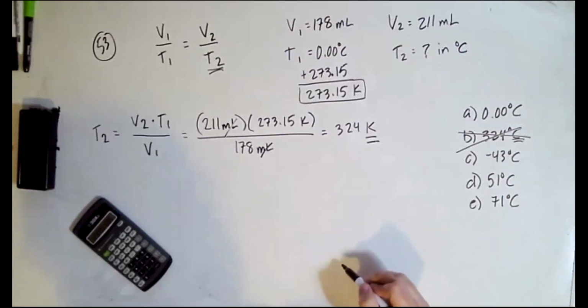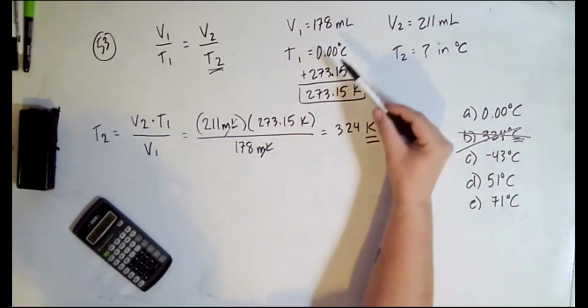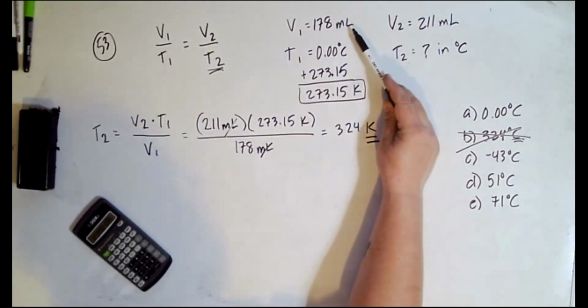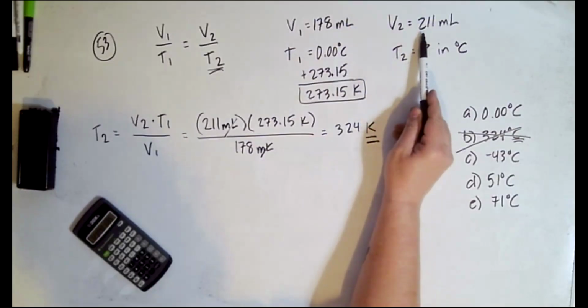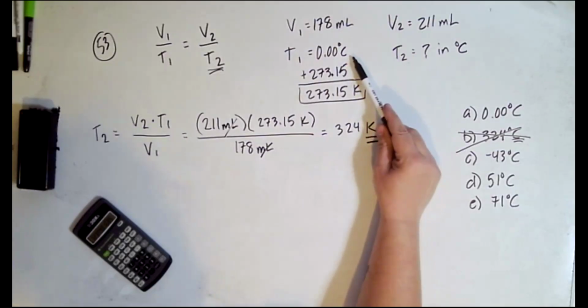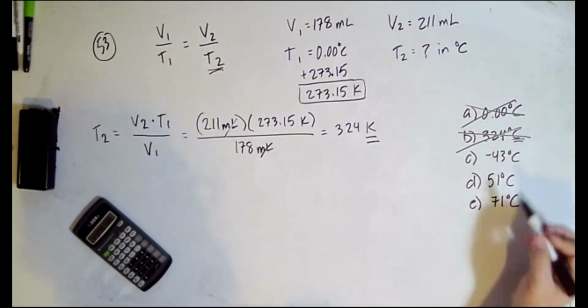The only thing that we know for sure right now is that our initial temperature was 0. Our original volume was 178. Our volume went up to 211. So our new temperature has to be greater than 0. So we know that choice A can't be the right answer.